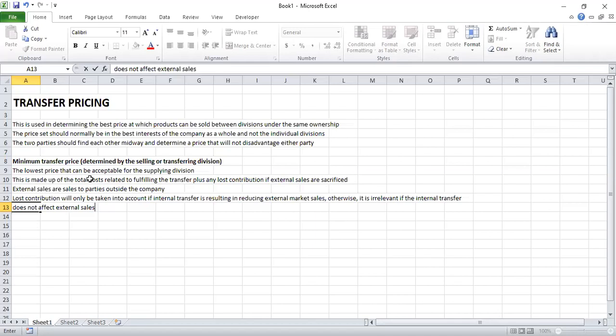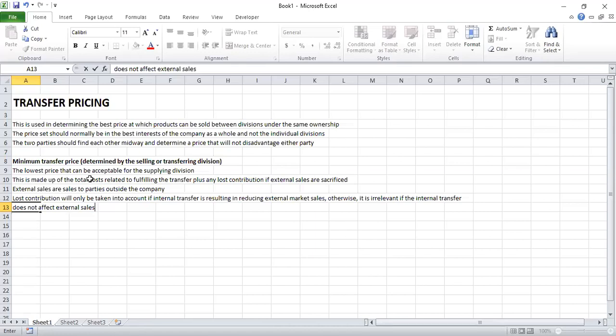And a fellow division, the furniture division, if they need 30,000 square meters, that means we can satisfy our external market and our fellow division without any problems. So there will be no lost contribution. So we just need them to compensate us for the total cost of fulfilling the transfer.